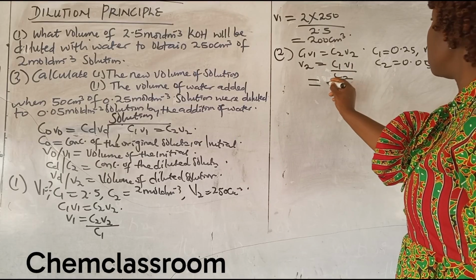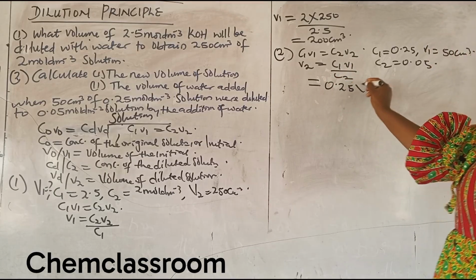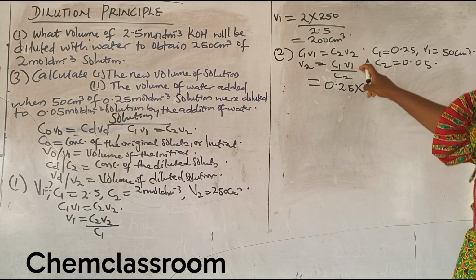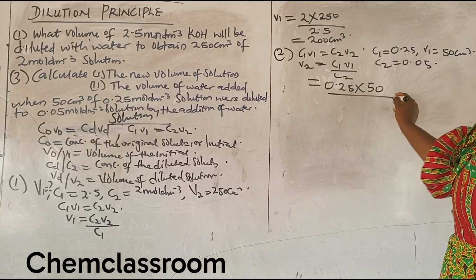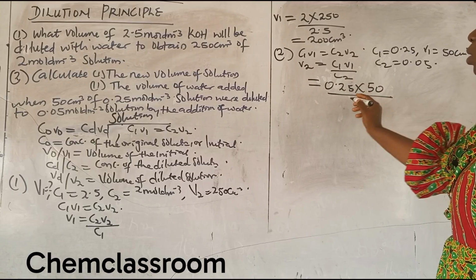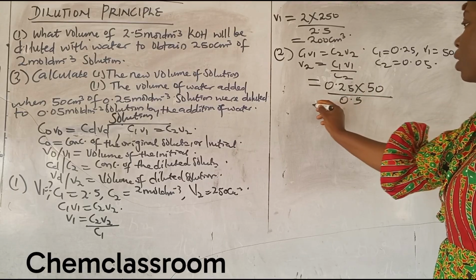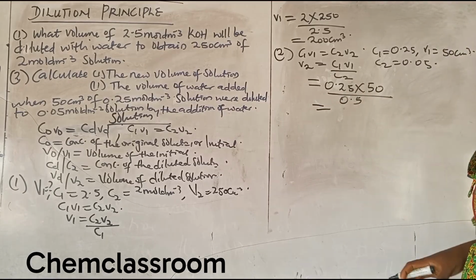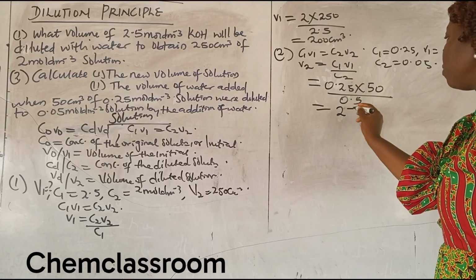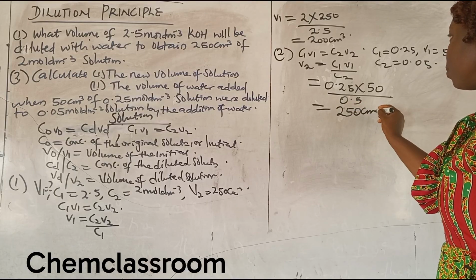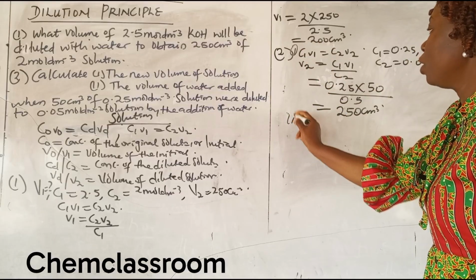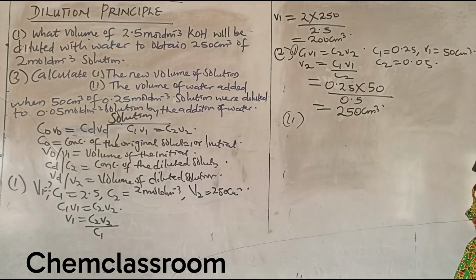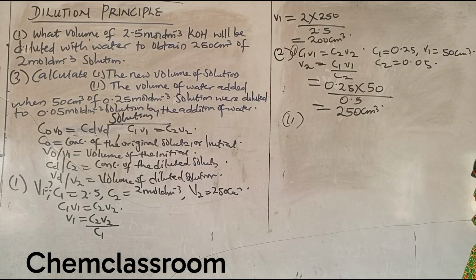So now let's input our variables. My C1 is 0.25 multiplied by 50, divided by my C2, which is 0.05. So in all, I'm expected to have 250 cm³. So this is the first aspect of the question. Going to the second aspect of the question now, we are to find the volume of the water added.